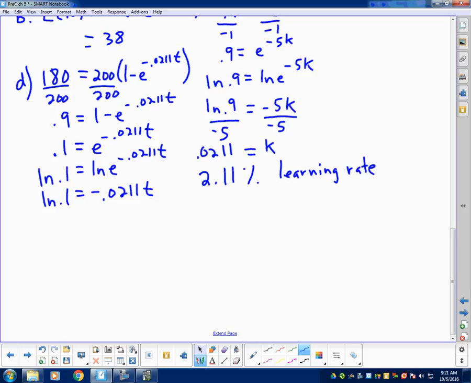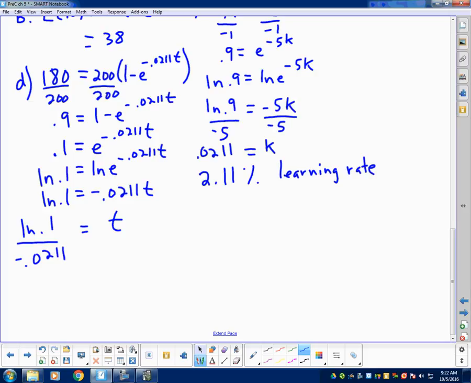That 0.0211 was the k value we got when we did part A. That's the rate of learning, about 0.0211 or 2.11%. And then divide by negative 0.0211, so t equals ln of 0.1 divided by negative 0.0211.